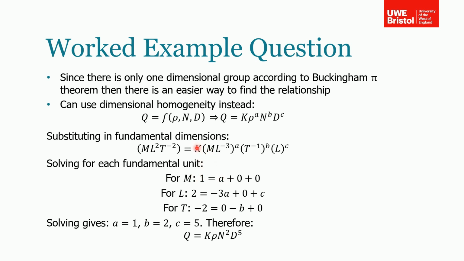Obviously the k is a constant, so it doesn't have any dimensions. So you can write out 3 sets of simultaneous equations, solve for it, and you still get the same answer. So you can see that A is equal to 1, B is equal to 2, and C is equal to 5. But it's just a quicker way of doing it if you only have one dimensionless group.